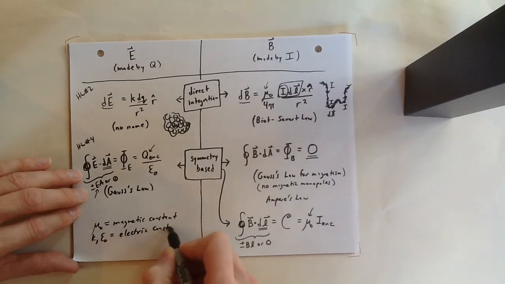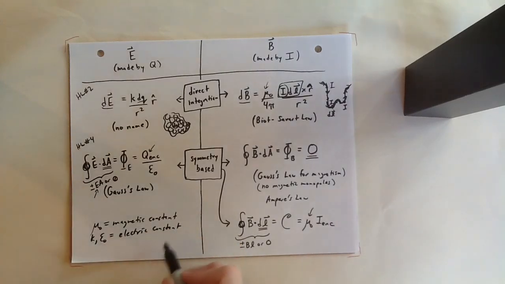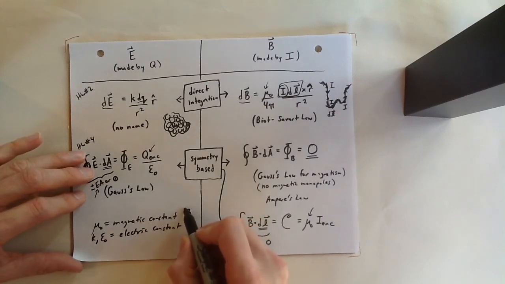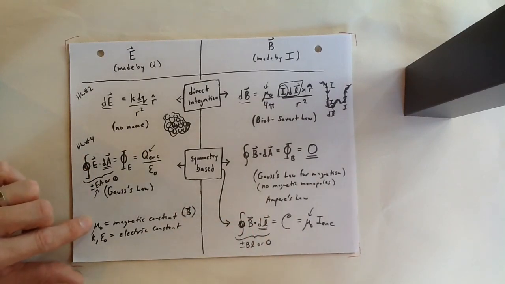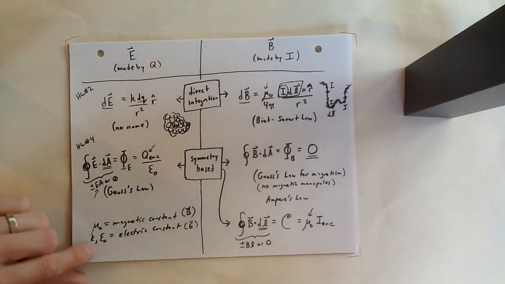You can of course package it up either way, as K or as epsilon naught. That's going to be the electric constant that appears in all your electric field formulas. So anytime you see a magnetic field formula, it's going to have a mu naught in there somewhere. Anytime you see an electric field formula, you're going to see K or epsilon naught in it, depending on your preference.